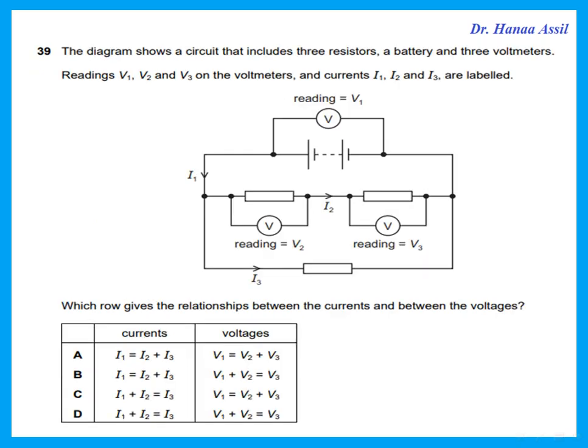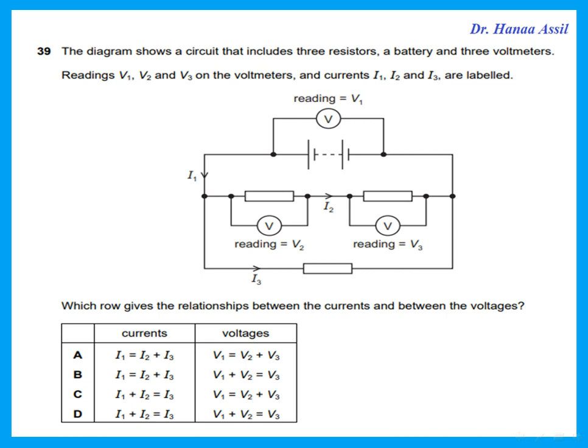The diagram shows a circuit that includes 3 resistors, a battery, and 3 voltmeters. Which row gives the relationships between the currents and between the voltages? So where is I1, I2, I3? You can see that I1 is coming from the battery in series. So when it comes to I2 and I3, it actually breaks up into I2 and I3.